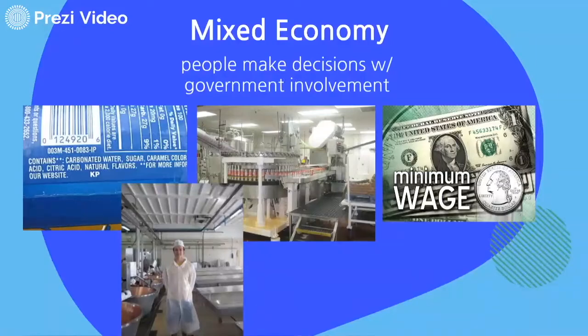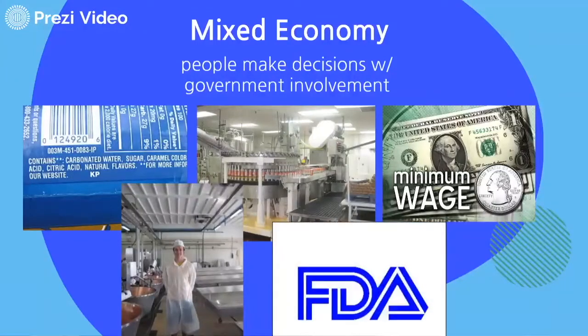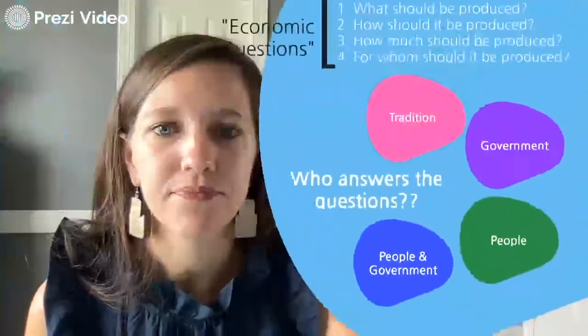You have to pay your employees at least minimum wage. The FDA is going to approve any kind of food or drug that people will have to take. Okay, the government and the people are involved in making the decision. And so honestly, every economy has some level of a mixed economy, people and the government together making decisions.